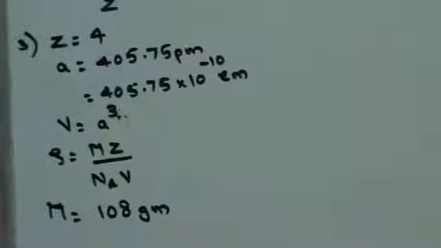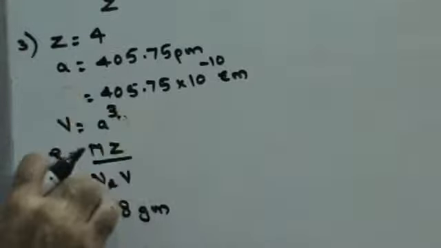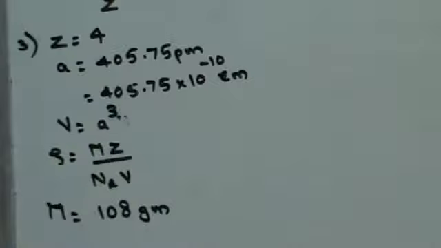This will be given to you in the sum. So with mz upon N_A V, you should be able to get the density. You know M, you know Z, you know N_A. V can be substituted as a cubed and you will get the answer for this.